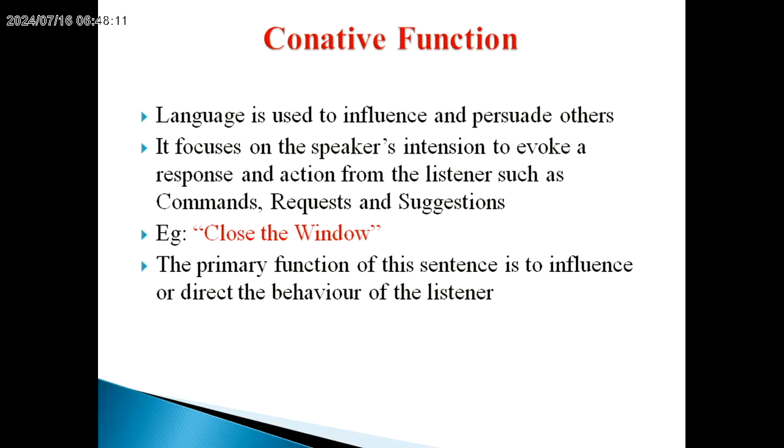He gives an example of the conative function: "Close the window." With this example, we can see the primary function of the sentence is to influence or direct the behavior of the listener. We instruct the listener to do some action. This is called the conative function of language.